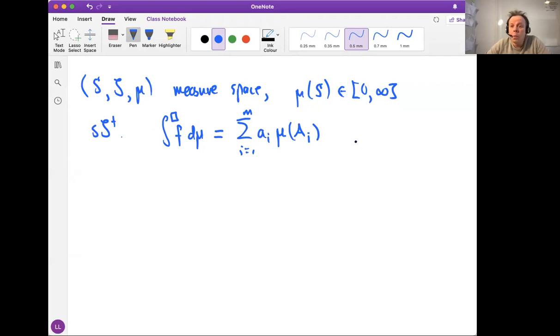And here we denote the range of f, so the range of f is the set of possible values of f, and that is denoted now by these numbers a_1 up to a_m.